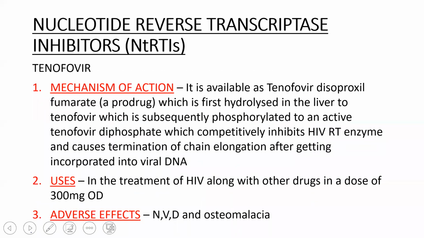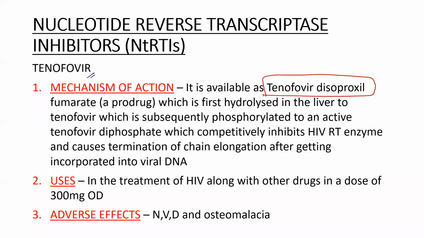Moving on to the nucleotide reverse transcriptase inhibitors, NtRTIs. Now the mechanism of action is quite simple, because the drug that we have, tenofovir, exists in its prodrug form, and the prodrug form of this drug is tenofovir disoproxil.